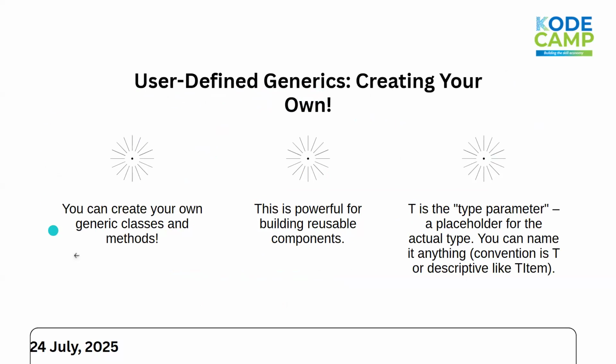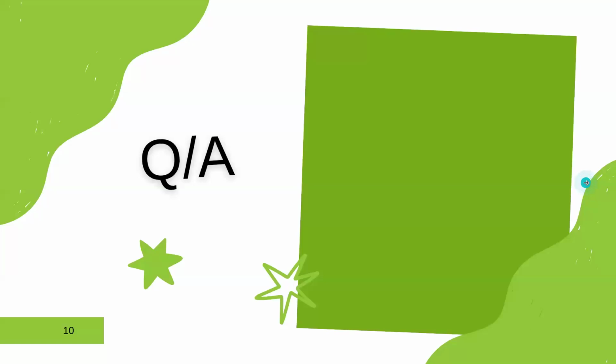First thing is creating your own generic class and method. We can have generic classes and generic methods, right? T is the type parameter. It represents or holds the kind of data type you want to pass in when you call a generic class.